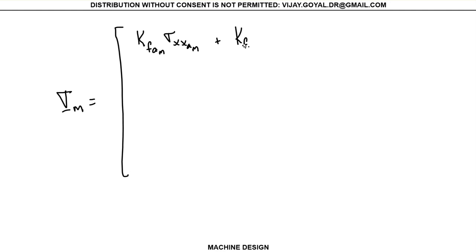Sigma XX B mean, 0, KFS mean. Actually, we don't need to put mean because they're all the same factors. Well, we should. It all depends on every case that you're working on. If you're working with brittle, it's different, and the approximations are different.